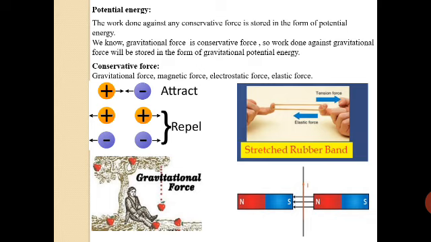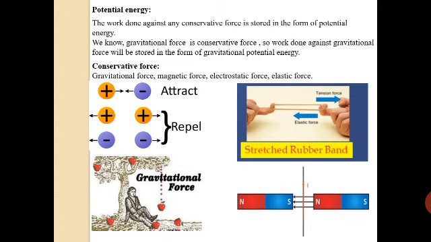So if you see very first the force of gravity, that is gravitational force. You know, if any object is lifted up against the force of gravity, the object will always try to come back because earth will pull it back. Okay, so object will always try to come back to the previous position because of the earth.